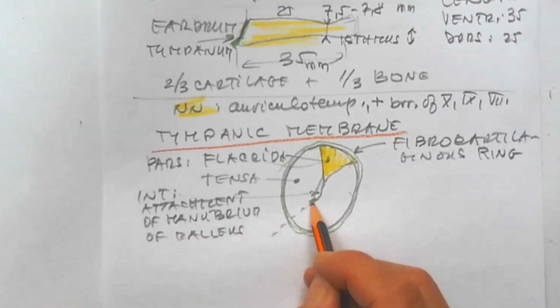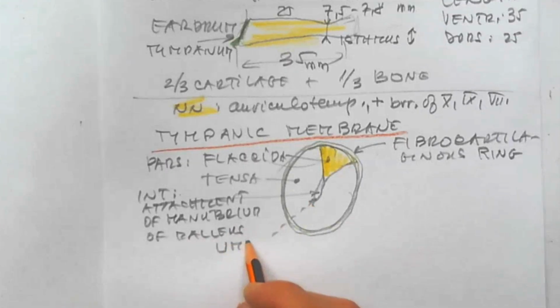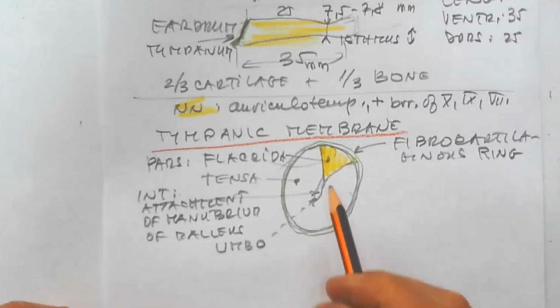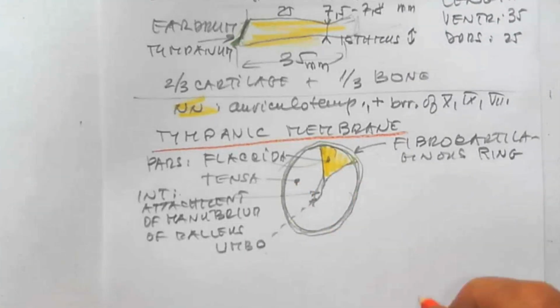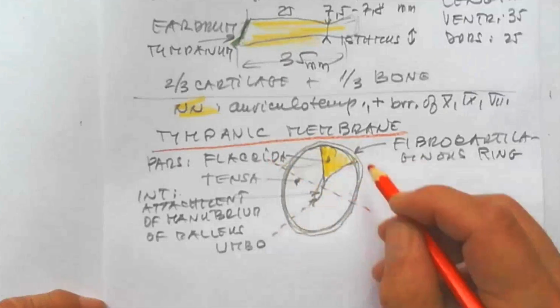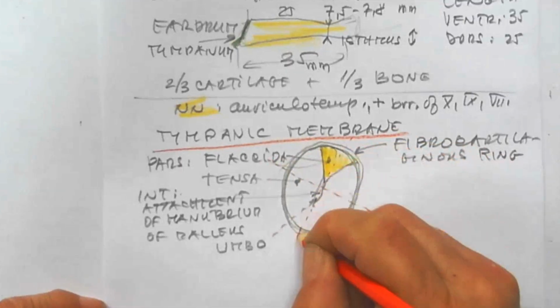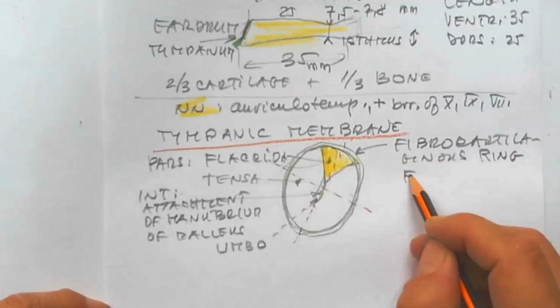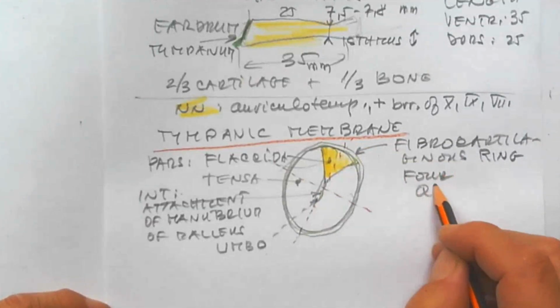That central part, the tip, is called the umbo, a small depression. So this pars tensa is much bigger than pars flaccida, and we can also divide the eardrum following the line of the umbo into four quadrants.